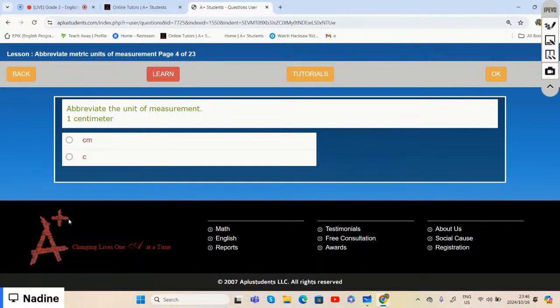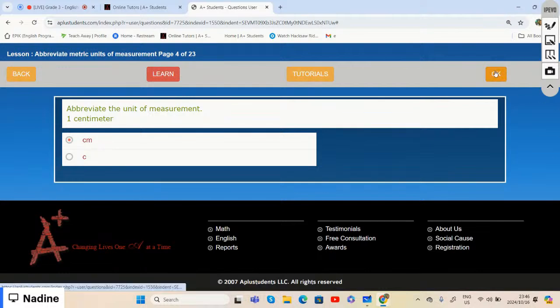And if we were to select centimeters, we would say it's option 1.